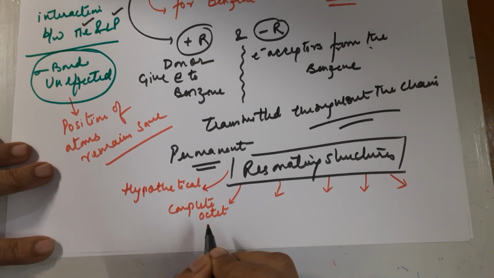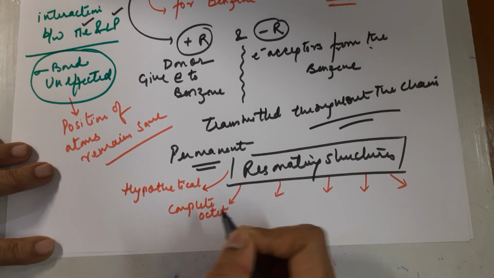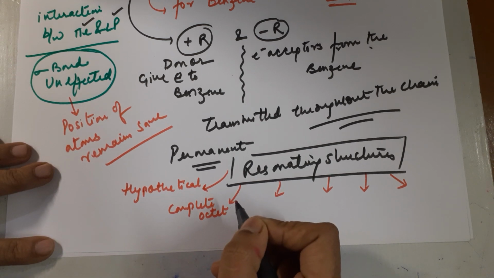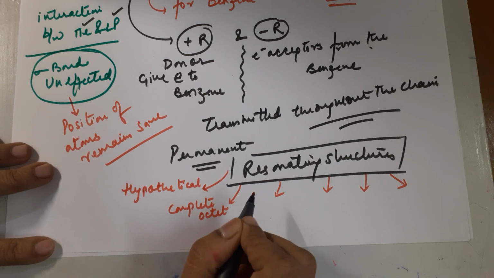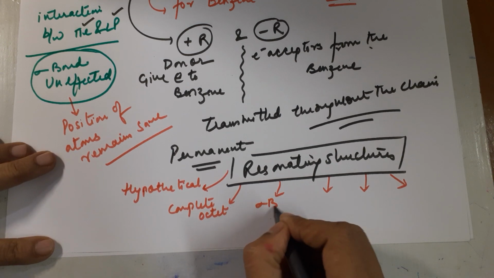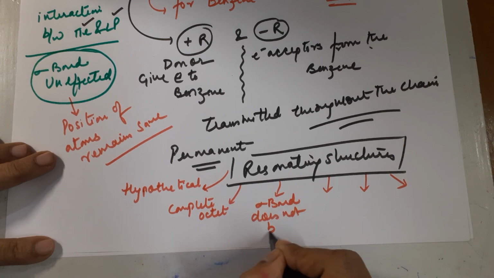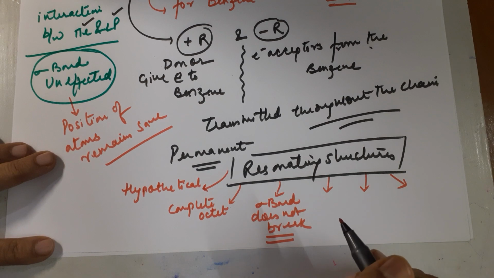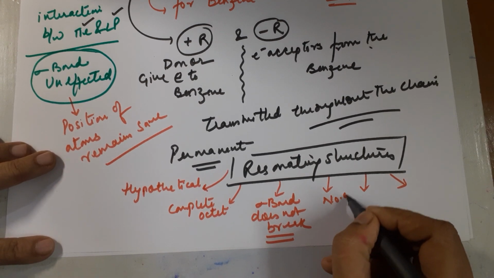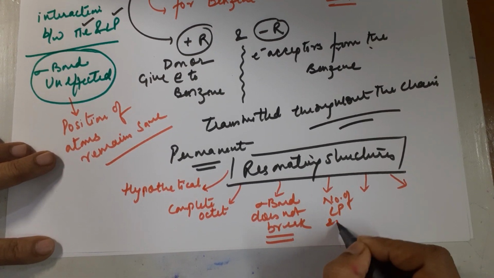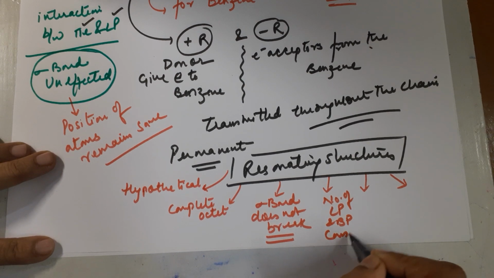It should not be that some atoms do not have a complete octet. Those are unstable resonating structures. Also, the sigma bond does not break. You will not break the sigma bond during the drawing of resonating structures. The number of lone pairs and bond pairs remains constant throughout the resonating structures.